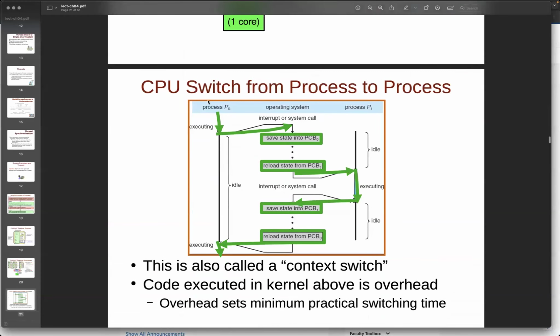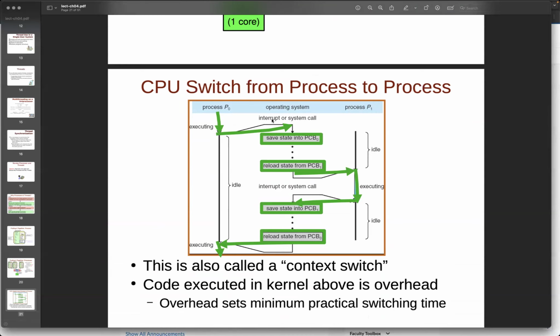Then when we look at the CPU, it switches from process to process. Let's say I have a process here, and then the operating system and processes P0 and P1. Let's say I'm executing P0.